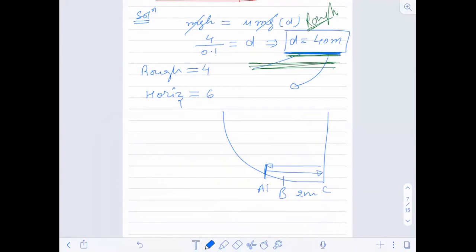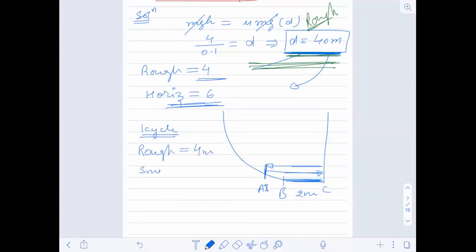6 meters. It has moved 6 meters on horizontal. That is why we have marked 6. This is the only rough region. So 2 while going and 2 while returning. So 4 on horizontal surface, rough surface. So in a cycle, so one cycle I am taking, one cycle is having how much rough surface? 4 meters.